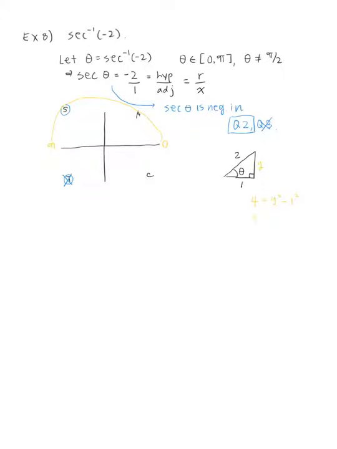So our y is going to be the square root of 4 minus 1, which is square root of 3. So this length is square root of 3. Let me just draw the triangle in a nicer way so you see what kind of triangle we're talking about. Okay, 1, 2, square root of 3. Do you recognize this?